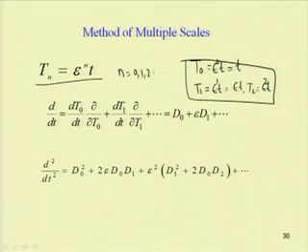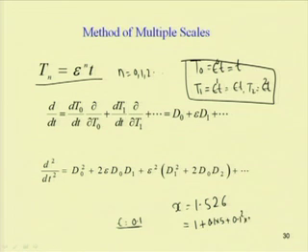So, for example, we want to write a solution, let solution x equal to 1.526. In this case, let epsilon equal to 0.1. So, x will be equal to 1, this is the linear part, plus 0.1 into 5, plus 0.1 square into 2, plus 0.1 cubed into 6.